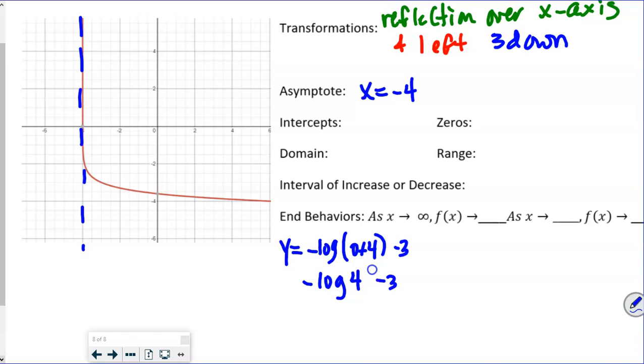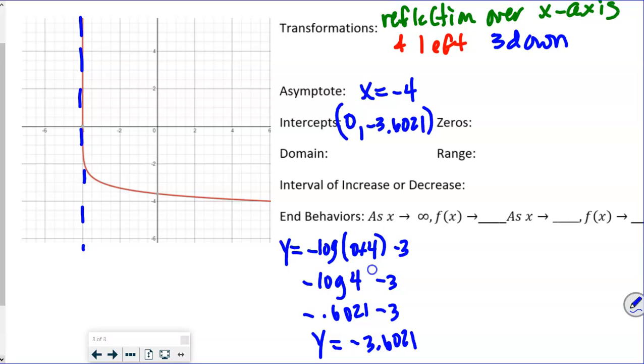So the log of 4 is 0.6021. And obviously that's going to be negative. We're going to subtract a 3 from that. So this is going to be y is equal to negative 3.6021. So our intercept is going to be 0, comma, negative 3.6021.